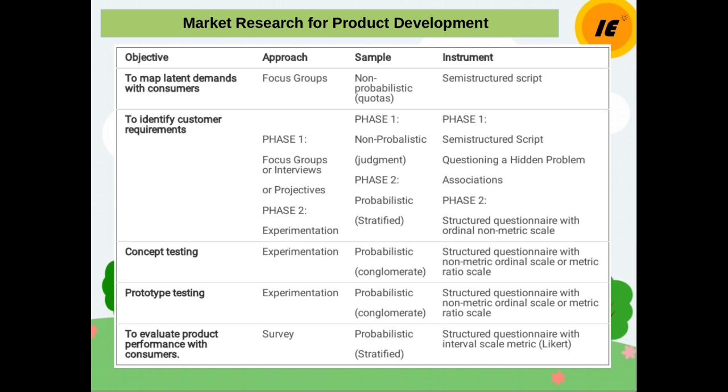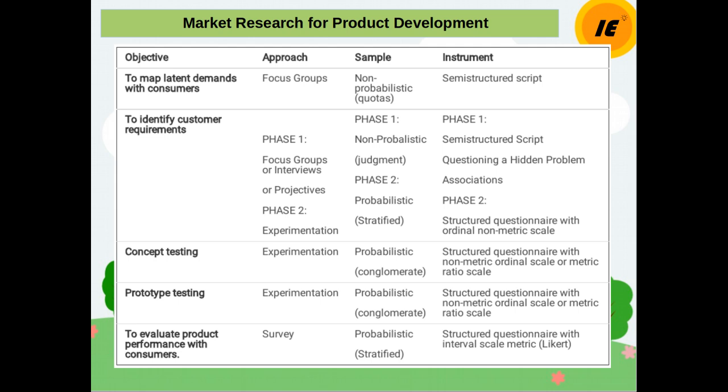Regarding finally the instrument, for the research that will evaluate the performance of the product in consumer perception, a structured questionnaire with an interval metric scale, preferably a 5-point Likert ranging from totally dissatisfied to totally satisfied, should be used.